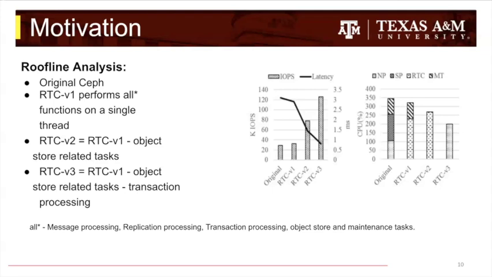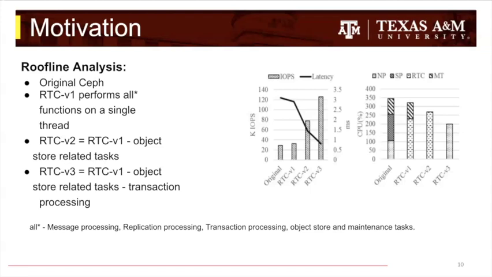When they compared the latency performances of these different versions, they figured out that RTC V3 performs the best with roughly around 0.8 millisecond of latency. But according to them, it was still not good enough considering that Ceph uses SSDs, and considering that RTC V3 only performs message processing and replication processing, which is mostly required by write operations.